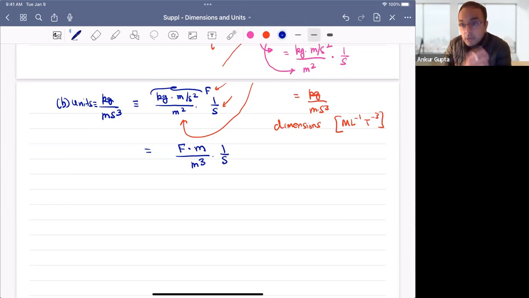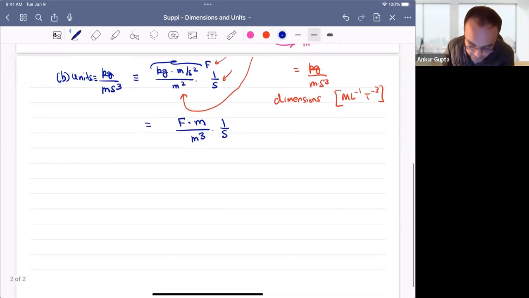This is something you will not be expected to do in your exams or your homework. I'm just trying to show you how you can manipulate some of these variables, and they can lead to a lot of insight. So don't worry about, oh, I couldn't do this. This is just to encourage you to see patterns that you may not be able to notice otherwise. And then this force times length is energy, right?